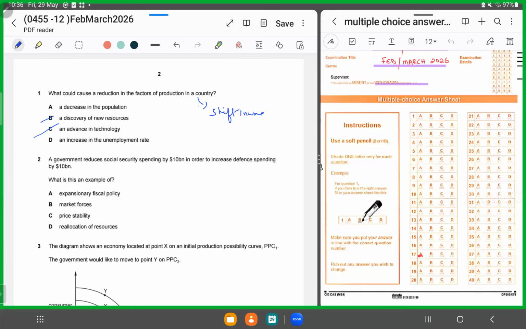So that means there is either a reduction in the quantity or the quality of factors of production. So it's option A, which says a decrease in population. It could be because the labor force has migrated, or because the death rate has risen. So for number 1, shade A as the correct response.